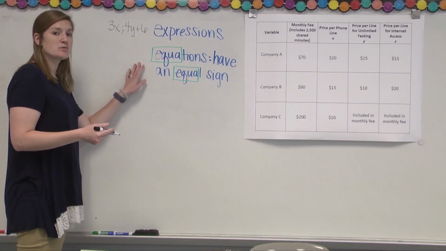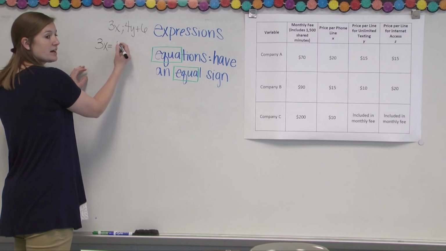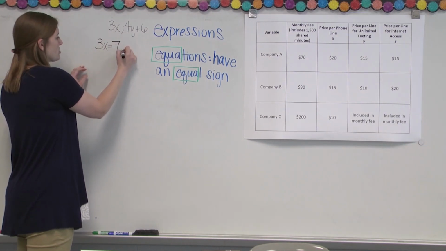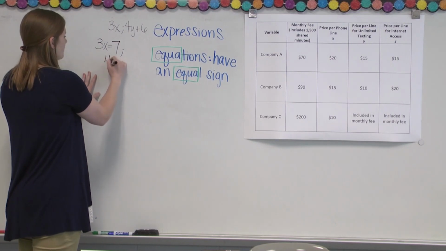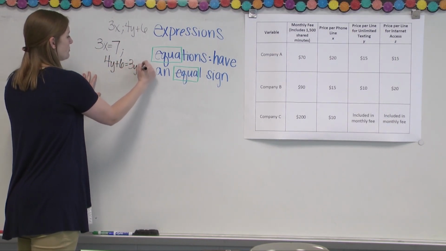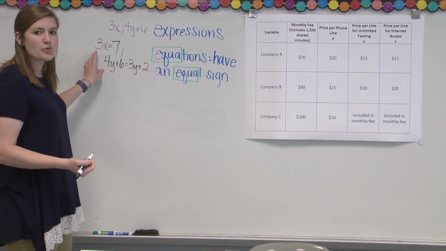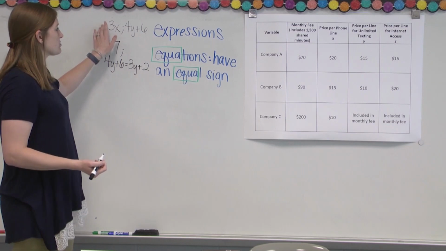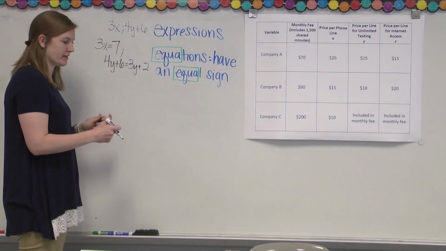Examples of equations would be taking these expressions and adding an equal sign and something on the other side. So 3x equals 7, or 4y plus 6 equals 3y plus 2. These two are equations because they do have equal signs, whereas this one is an expression because it does not have an equal sign. So I'll pause for a second in case you'd like to write those down.